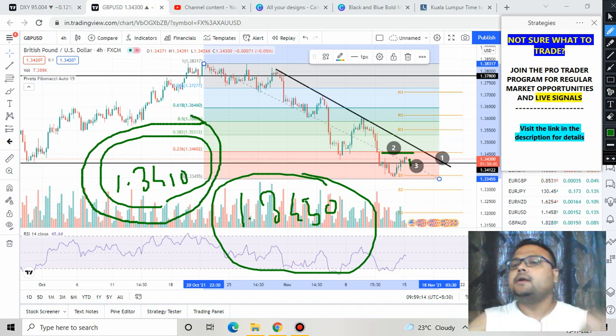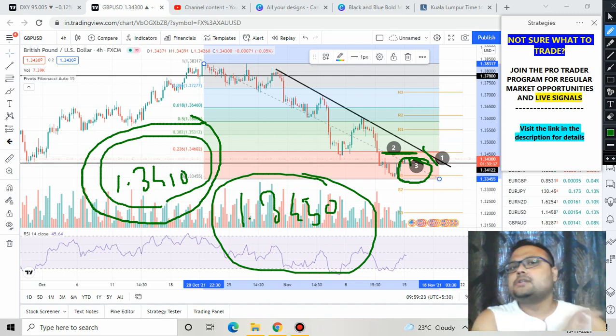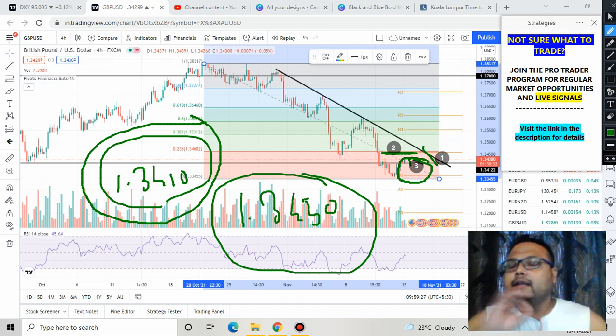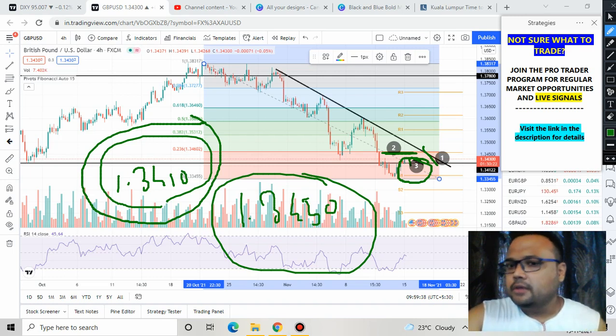If you compare with these two trading opportunities, this is quite a risky one, because we are not getting a fresh breakout here. Whereas on the chart of Euro USD, if it breaks the level of 1.1430, that will be a fresh breakout. There will not be any support to hold the market. But in case of GBP USD, that is not the case here. So the third trading opportunity is quite a risky one, you can avoid it.